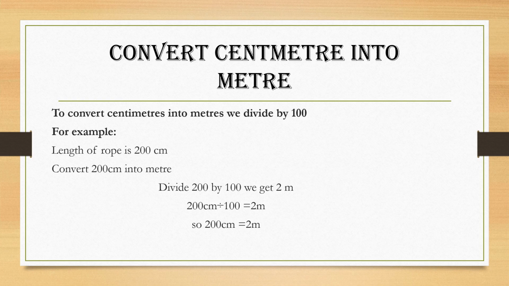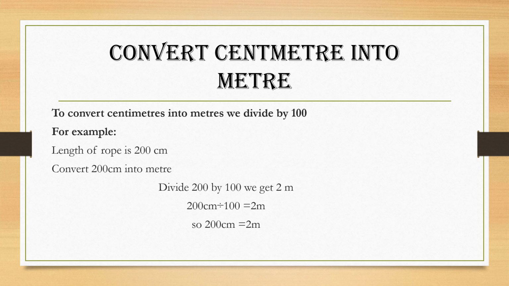For example, length of this rope is 200 centimeter. Convert 200 centimeter into meter. So we will divide 200 by 100. And what will we get? We will get 2. 2 means 2 meter. So the length of this rope is 2 meters.